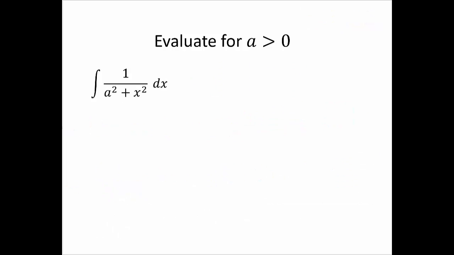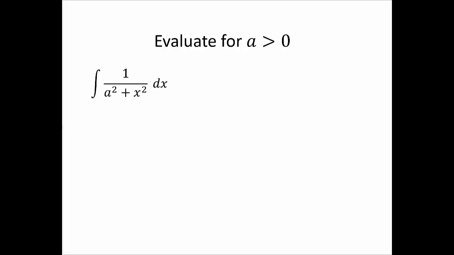This one's kind of similar to the previous exercise. Why don't you take a moment and try this one out on your own? We're asked to evaluate the integral of 1 over a squared plus x squared dx. I look at this and say, this sort of looks like a tangent inverse.